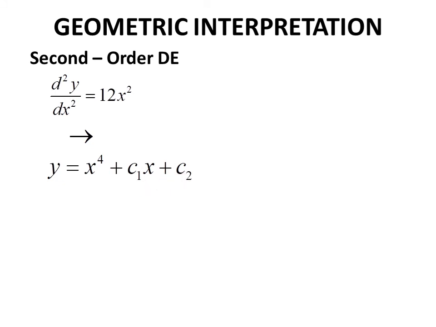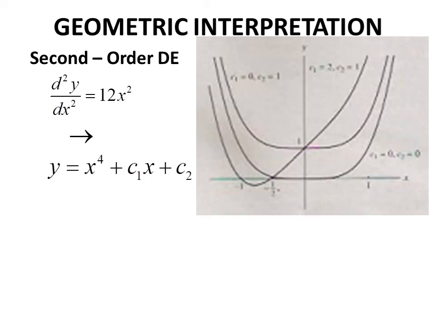Now, c1 and c2 can have any value. So let's say this is 1, this is 2, this is 0, or it is -1. Therefore, this expression also generates multiple solutions. And the plot of those solutions is this one.